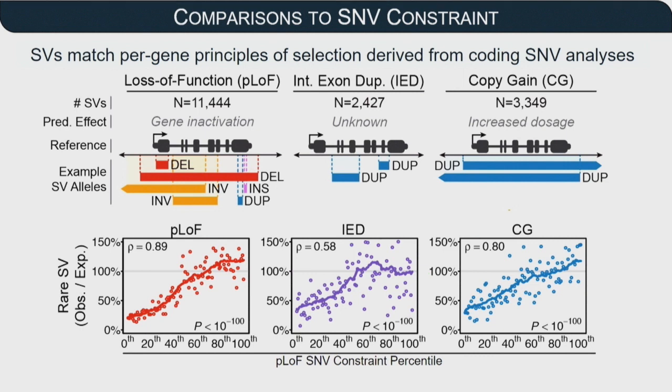Constraint from structural variation correlates very highly with constraint from predicted loss of function mutations from SNVs and indels. And one of the really interesting points here is this is copy gain. So this plot is SNV and indel constraint, and this is matched against copy gain and duplication. And what you can see is a very high correlation across all genes.